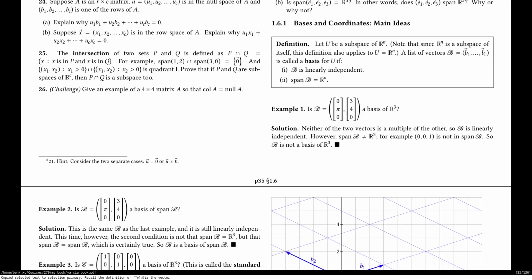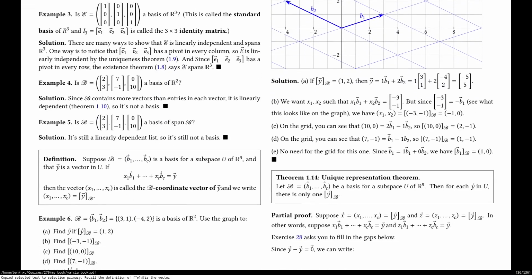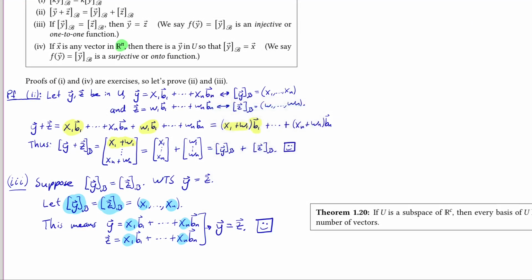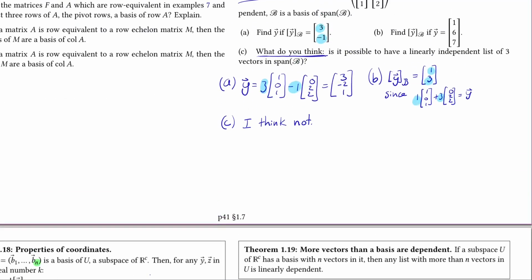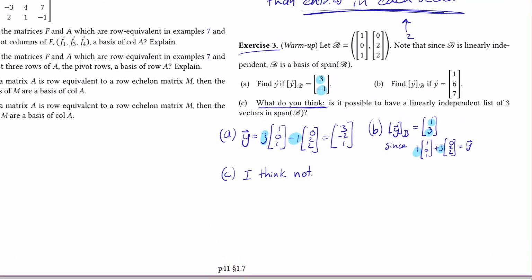So yeah, here's the definition of coordinates in the book right here. Go back, read that, write down what it means in the context of whatever problem you're doing, maybe review a couple of other things. And once you get a little bit of practice reviewing coordinates, then these kinds of problems should be a little easier. Hopefully the warm-ups helped you get ready for that too, with the exercise 3 warm-ups.